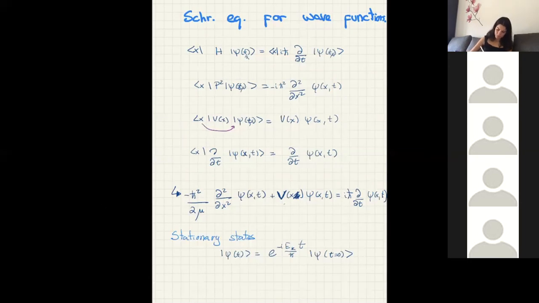So what happens when we put the x on both sides? Well, then you get the wave function of x and time.